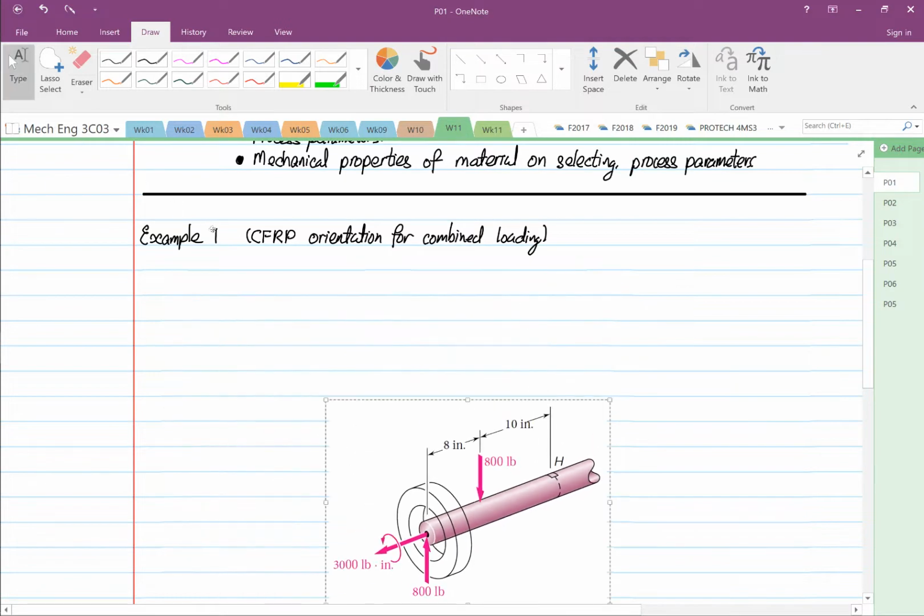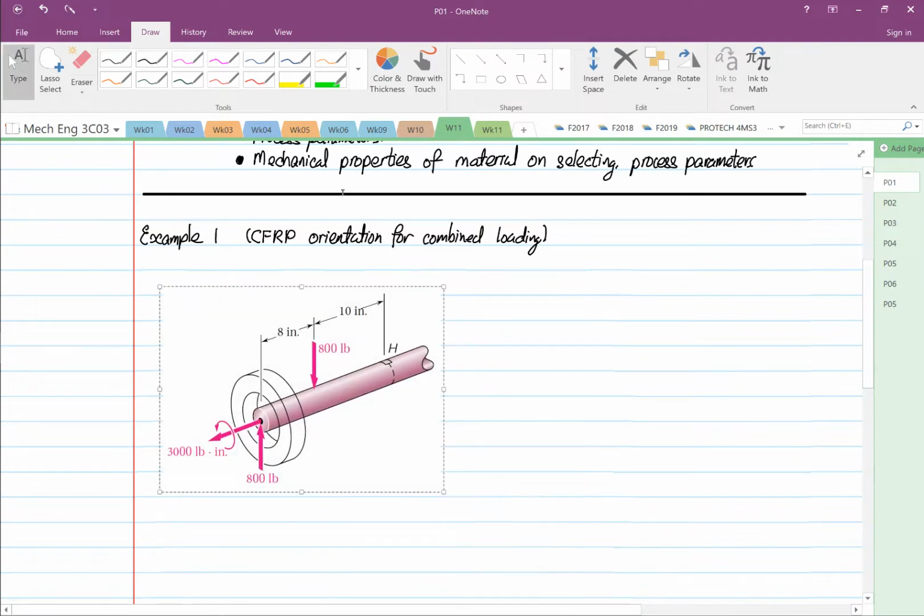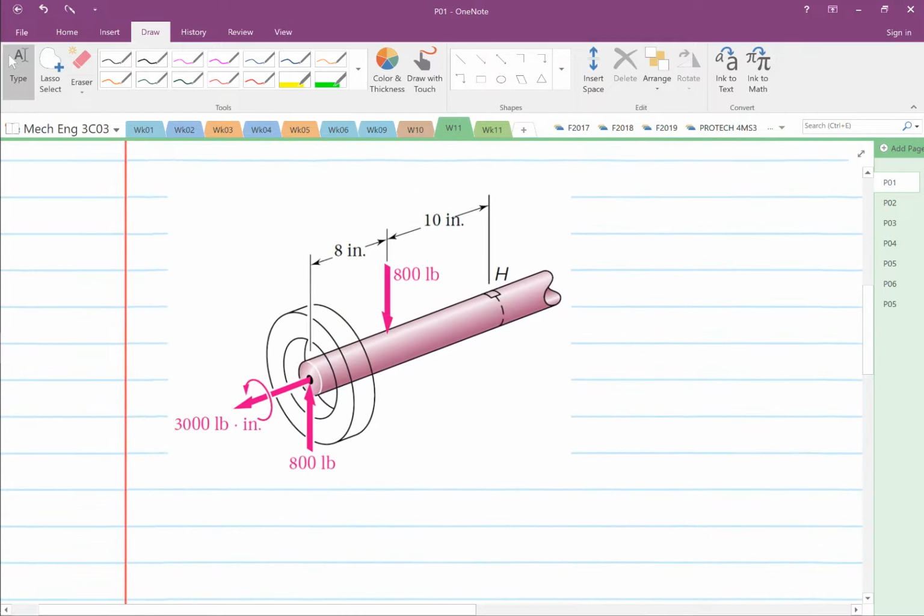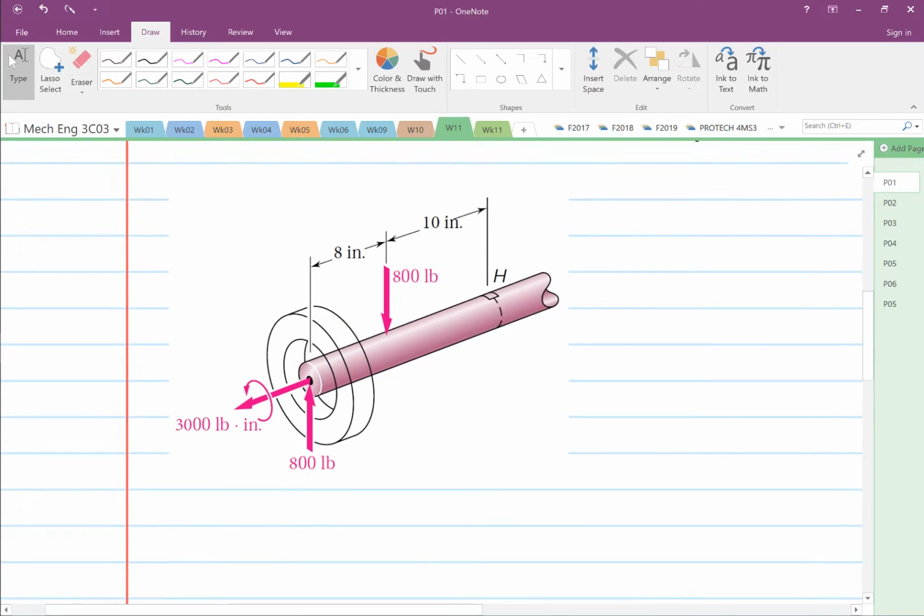This shaft has what we call a torque, together with a rotation. So this is a torque because it's rotating, and then we have applied force of 800 and 800 over there.